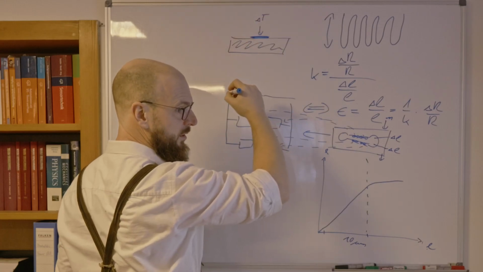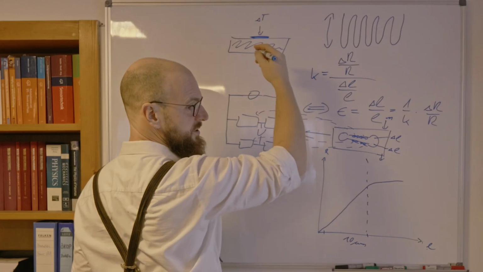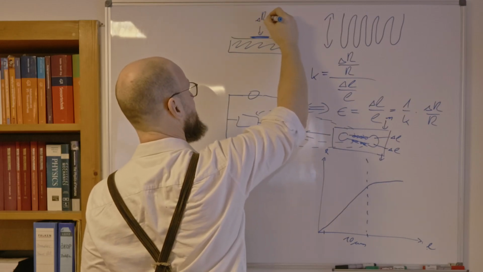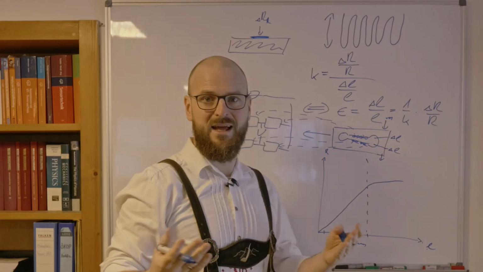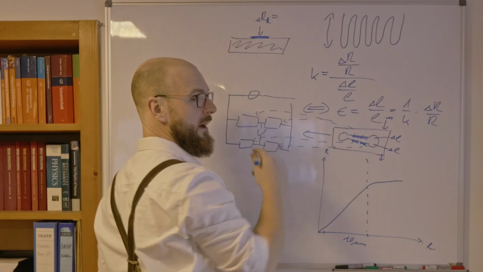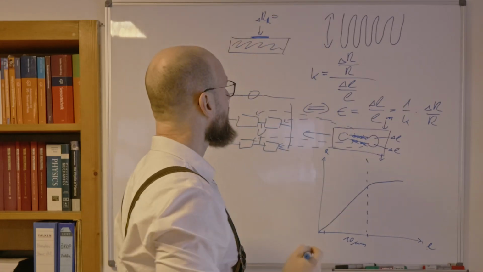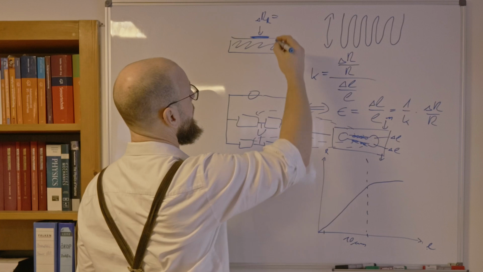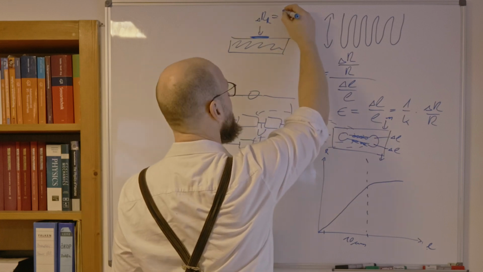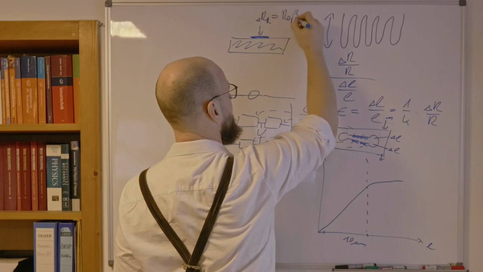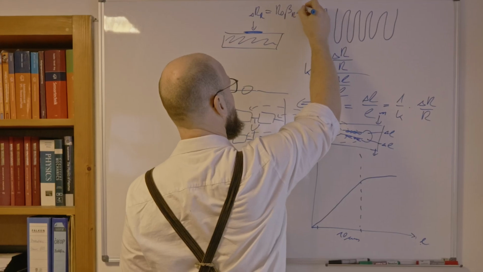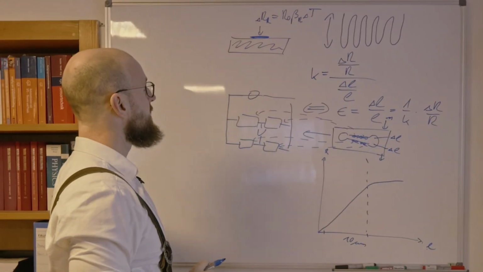We will call the change due to the resistance itself, delta R_R for this example at least, which can be described as a linear behavior, which is the base resistance times a constant beta correlating to the temperature change delta T.